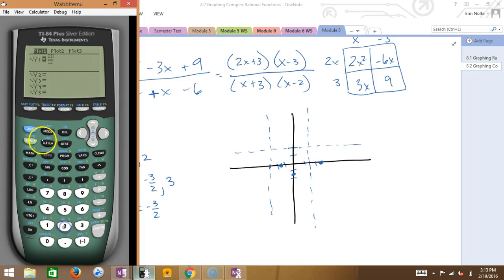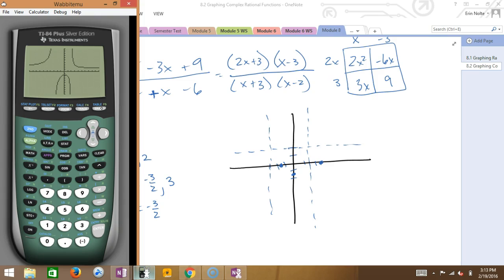All right, so I have (2x² minus 3x plus 9) over (x² plus x minus 6). Are we good? You guys following me? Yes. Okay, now check out what happens with this graph. What happened?